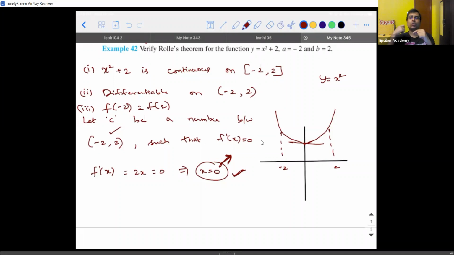Now I am giving you a question. If I want Rolle's theorem to fail in this question, what changes can I make? I don't want the function to be changed, but I want Rolle's theorem to fail for this problem.